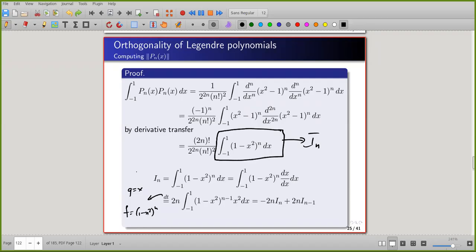And now this term, this x squared, I can write as x squared minus 1 plus 1. And then I immediately get this formula. I can break this bracket: the x squared minus 1 gives rise to minus 2n I sub n, and the 1 will give rise to 2n I sub n minus 1. So I immediately get this.